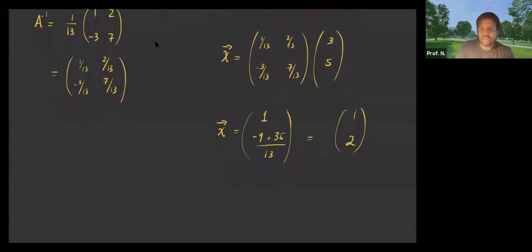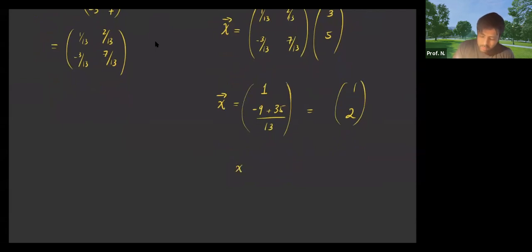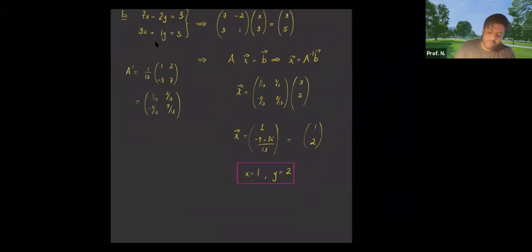So I get 1, 2. So x is equal to 1 and y is equal to 2. So that's the solution. So we did something that we already know how to do.